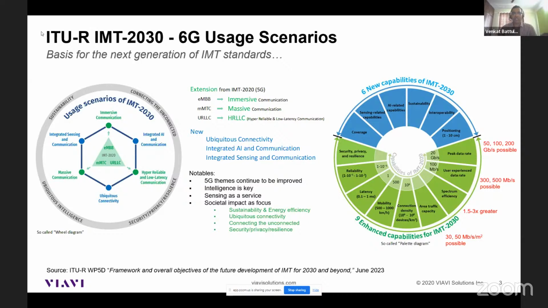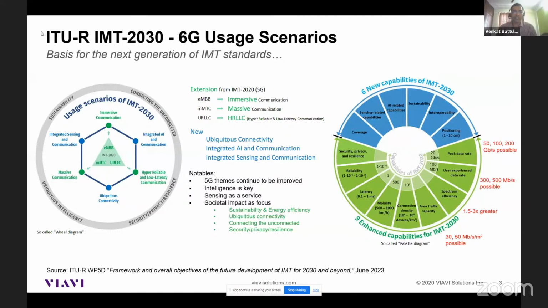So all this needs ultra low latency, because the user demands something and he needs to get it in no time. Okay, so that's the kind of user experience we are targeting at 6G.